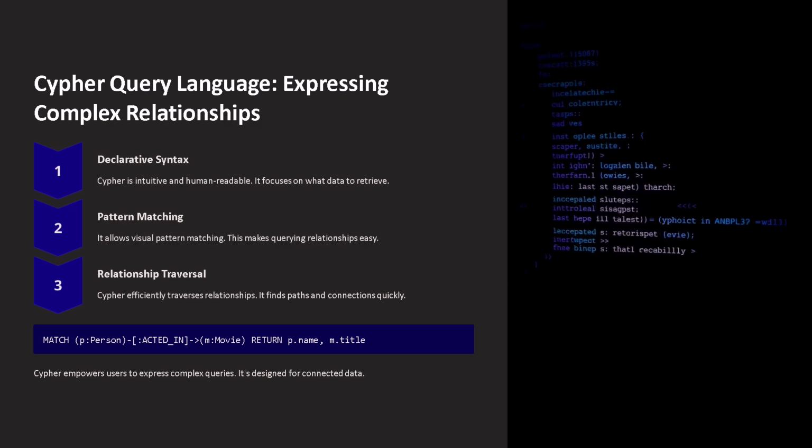It allows visual pattern matching. This makes querying relationships easy. Third is relational traversal. Cypher efficiently traverses relationships and finds paths and connections quickly. So overall, we can say the Cypher query language makes database connection very easy.